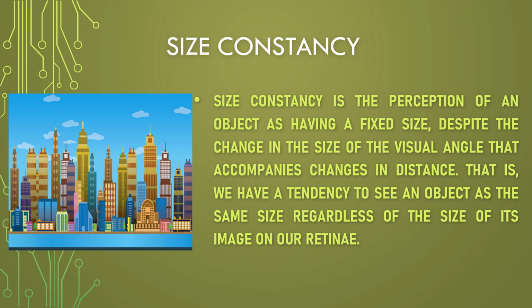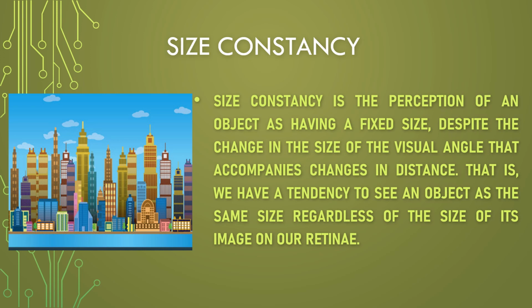This is important because if we did not have this ability, then everything would look different depending on where we are standing. For example, when we view a city skyline in the distance, we know that the buildings are very tall, even though when we hold our hand out in front of the skyline, the distant buildings are tiny compared to our hand. But we know that the buildings are very tall and huge in size.